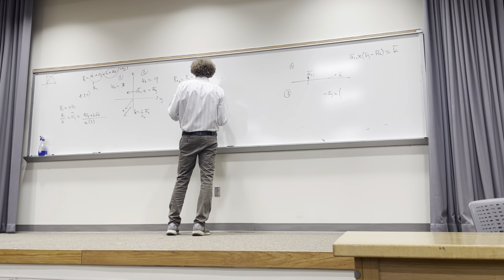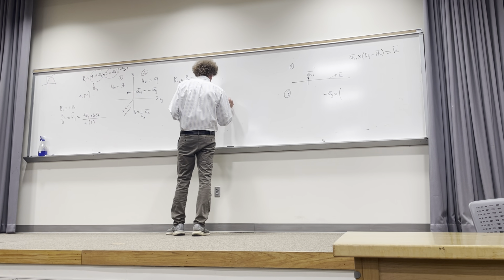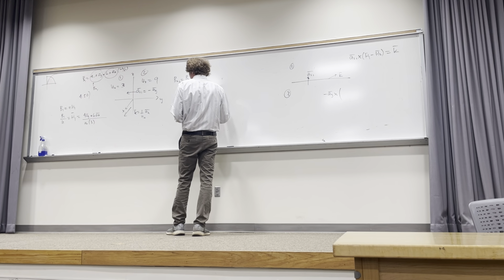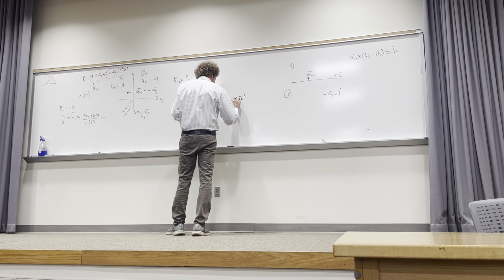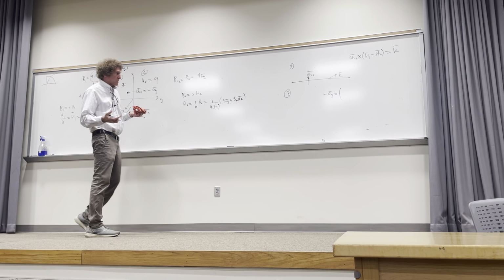And then B in region 2, I know I'm going to have 4AY, but I'm also going to have some unknown value for B2 in the Z direction. I'll just call it B2Z AZ right there.